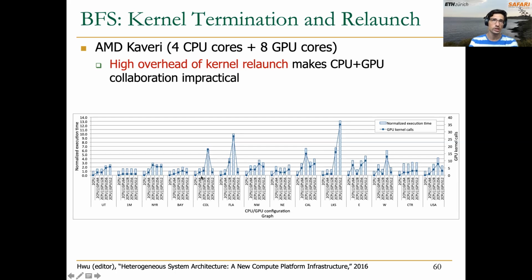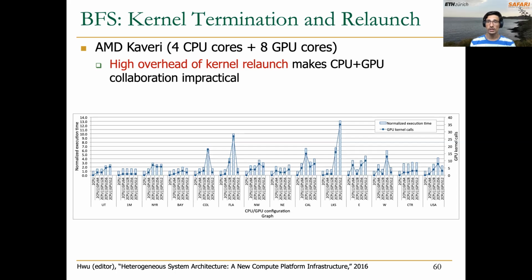If you look at the details here, you'll see that this threshold might be 64, 128, 256, or 512. And one thing that we can clearly observe here is that there is a direct relation between the number of GPU kernel calls, the number of times that we relaunch the GPU kernel, and the total execution time. So this high overhead of the kernel relaunch makes the collaboration impractical.